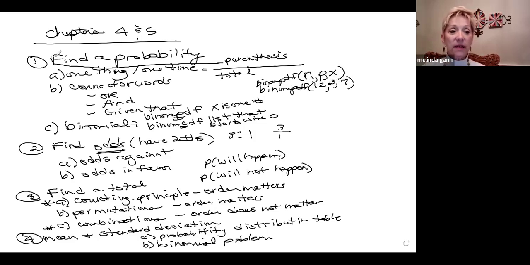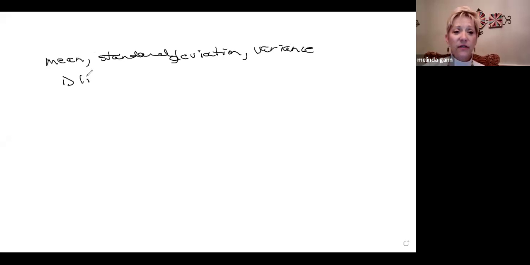Now, some of these things, I don't want you to get mixed up. And here's what I mean by mixed up. So we understand that it's going to ask you to find the mean, standard deviation, and variance. It might be a list of numbers.